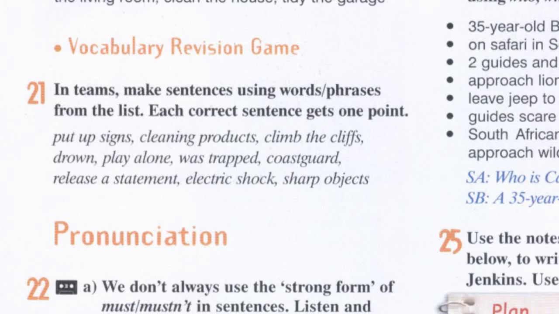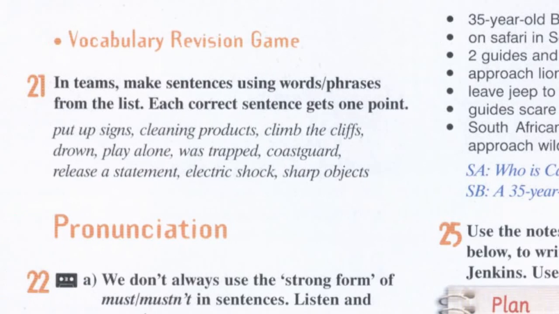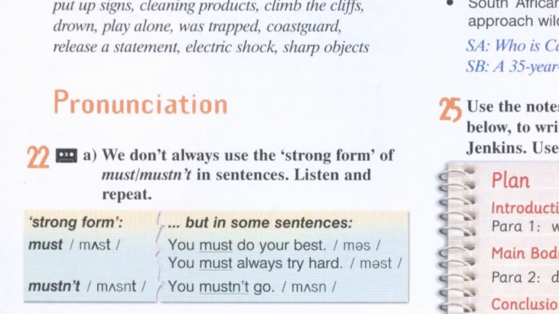And electric shock is to shake violently. And what is the next one? Sharp objects. Okay, we don't have a problem, so I just wanted to make sure that you don't have any difficulty in understanding the words.